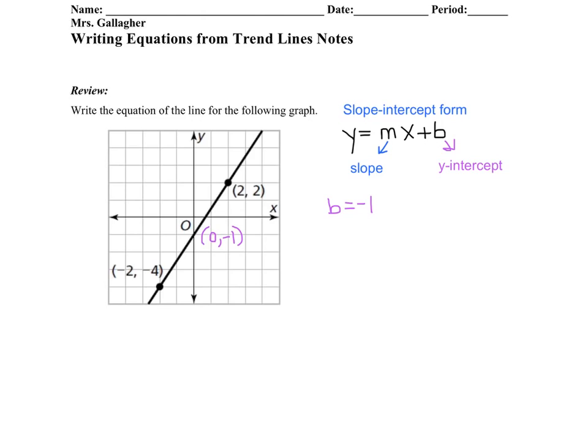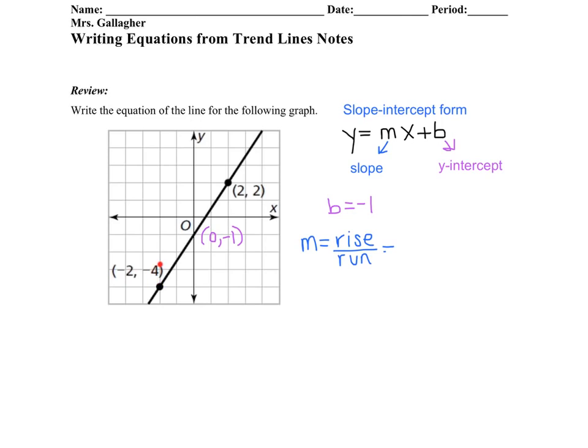Next, we want to find our slope. We can find slope two different ways. Our first way is using m equals rise over run. To do that, we rise using our bottom coordinate and run to the top coordinate.